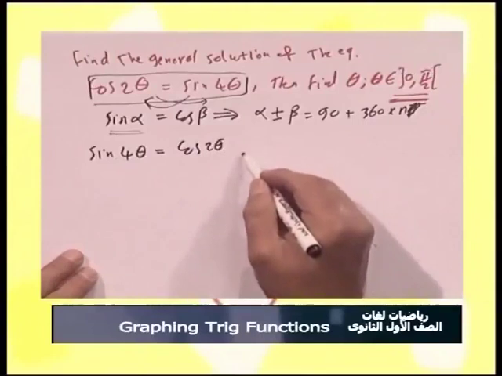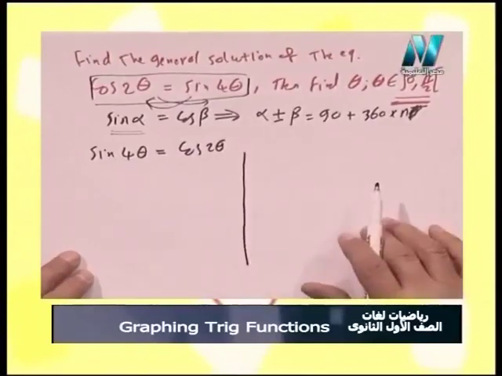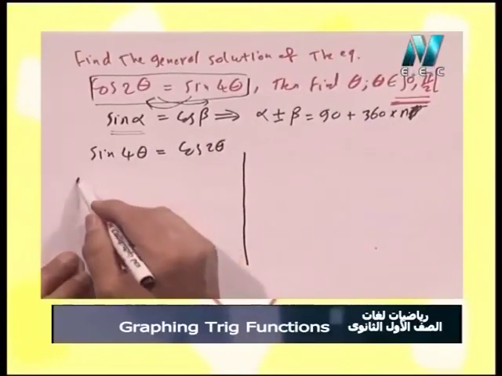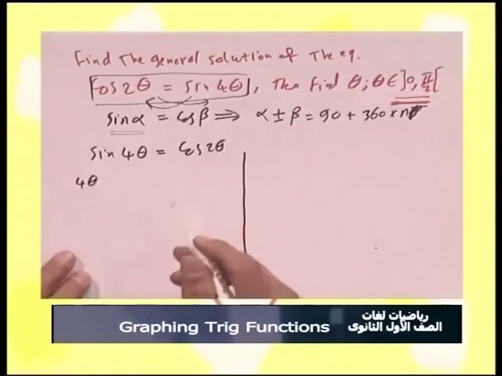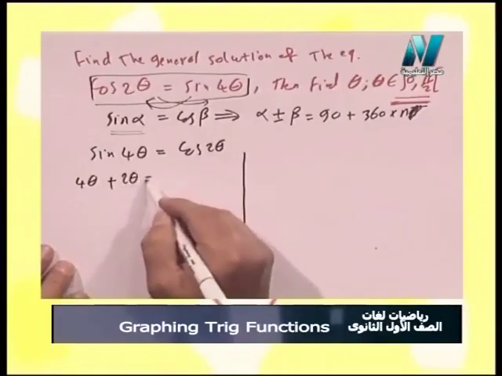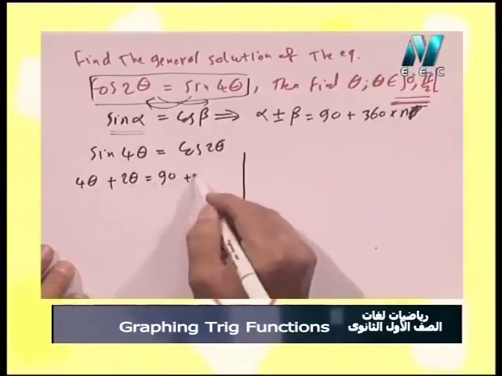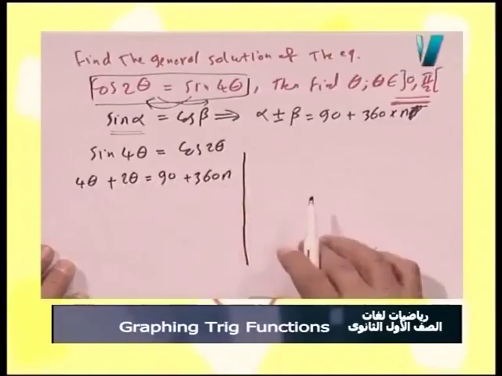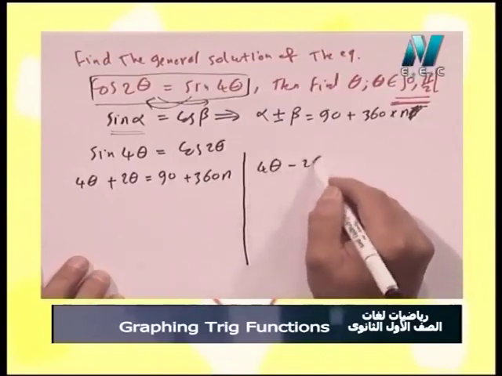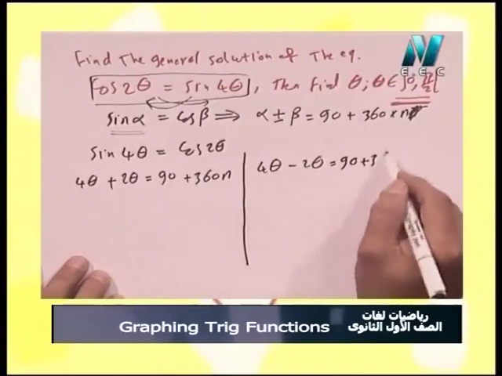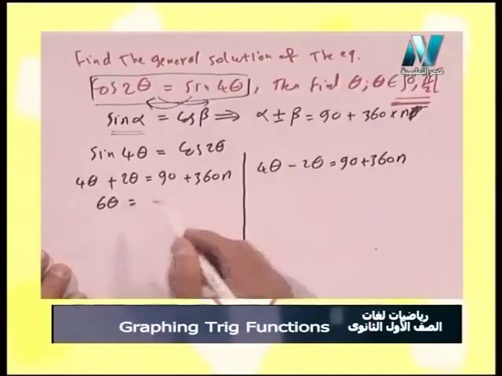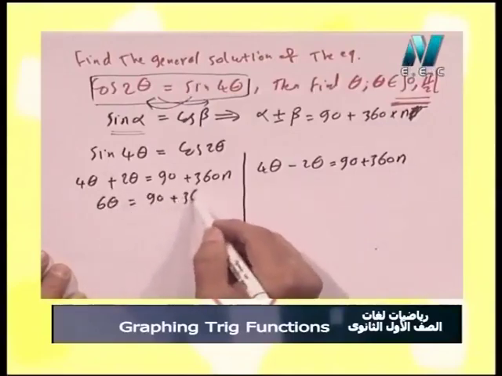Okay, and we will divide the page into two, and here we will put 4 theta plus 2 theta equals 90 plus 360n, and here 4 theta minus 2 theta equals 90 plus 360n. Here we have 6 theta equals 90 plus 360n.